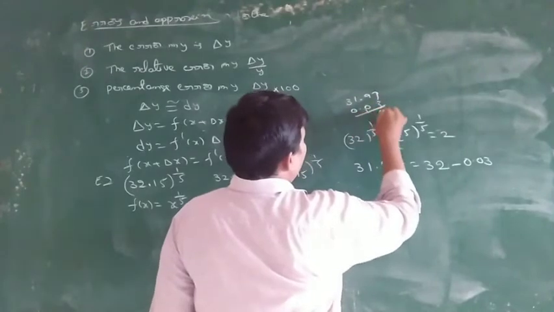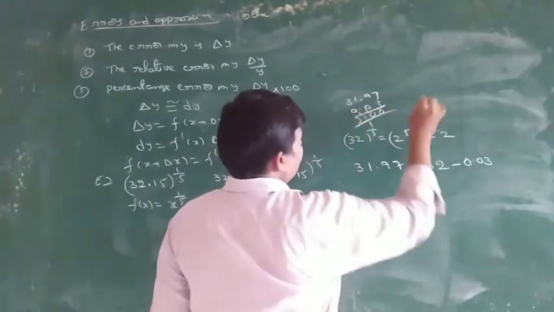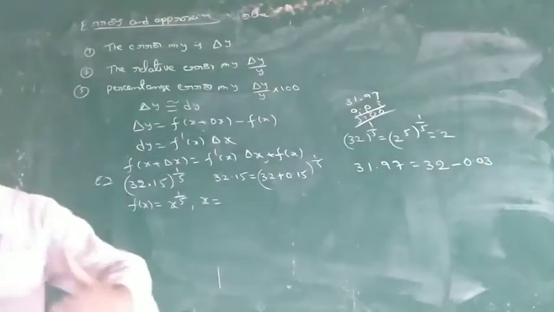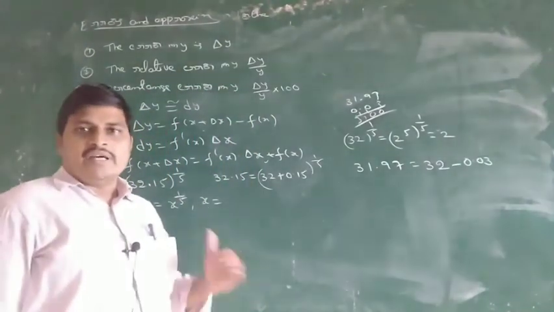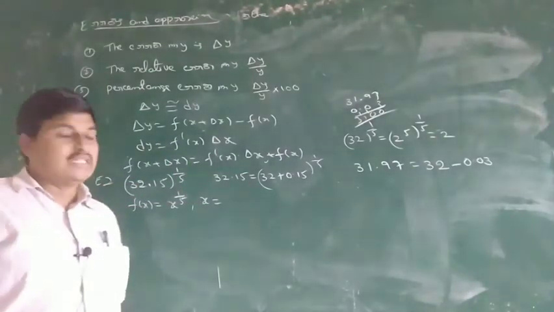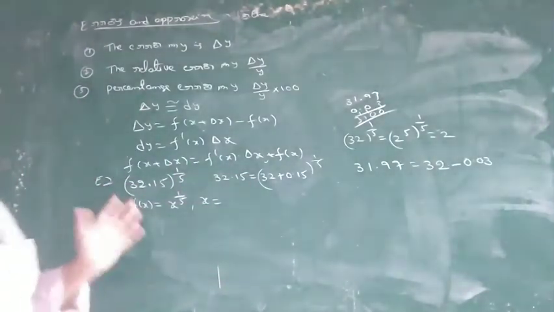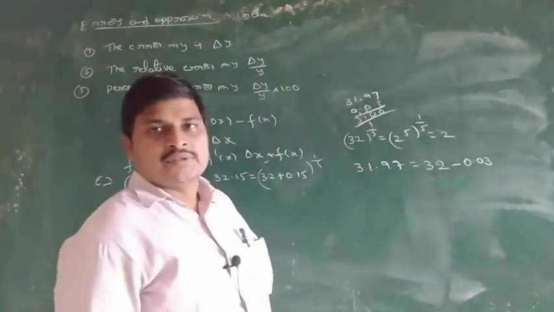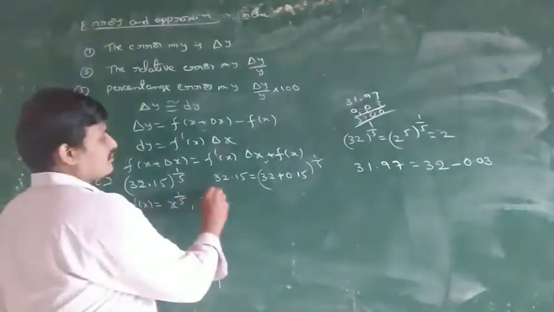Anyone near a perfect value. The 32 plus case, no doubt. 31 something means 32 minus. Okay, this is the conversion.